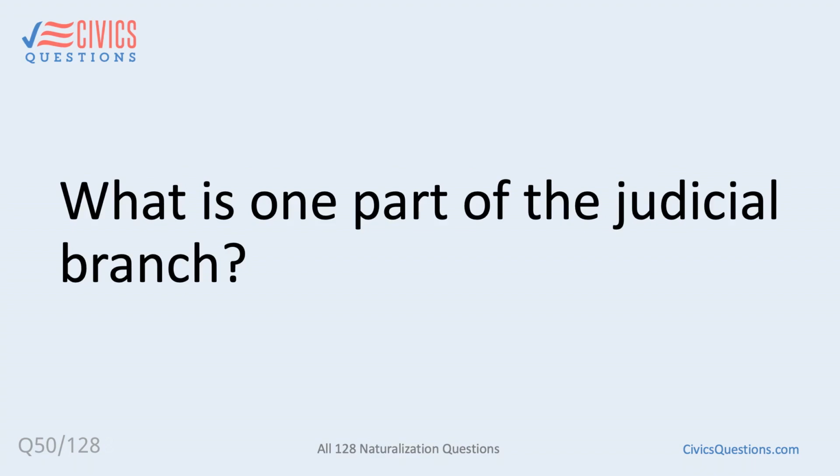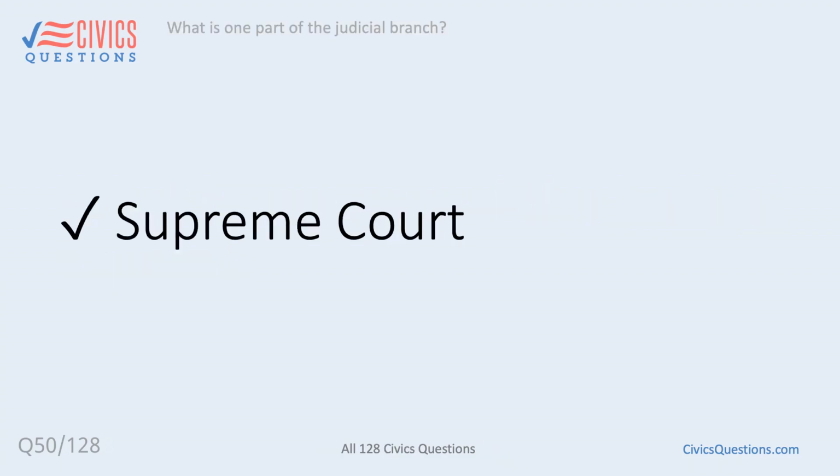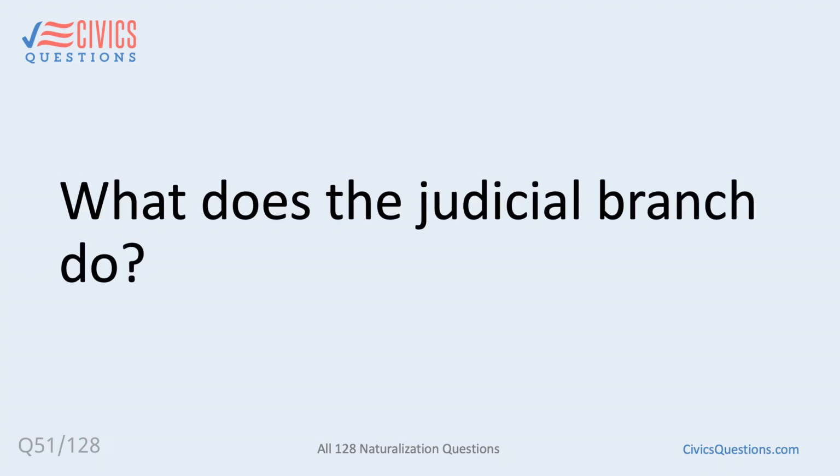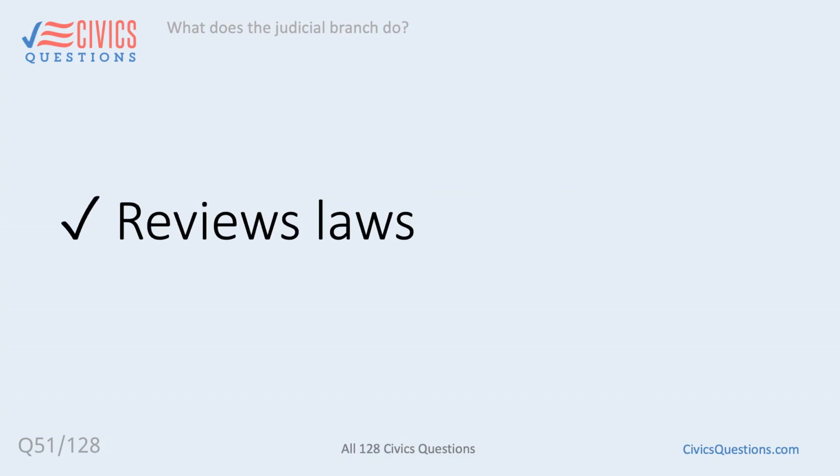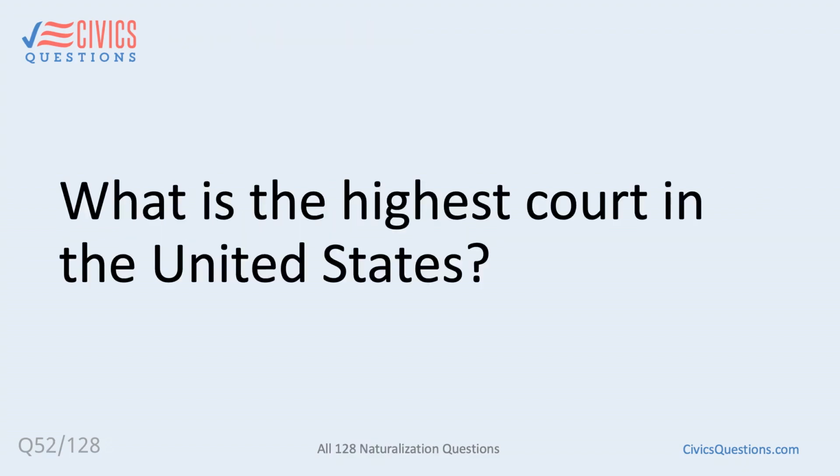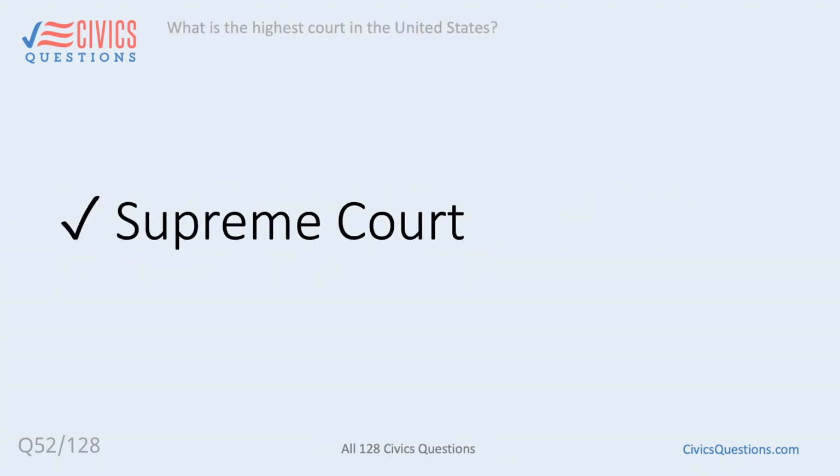What is one part of the judicial branch? Supreme Court. What does the judicial branch do? Reviews laws. What is the highest court in the United States? Supreme Court.